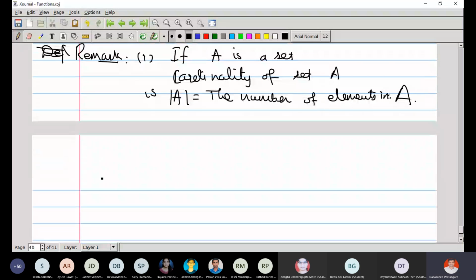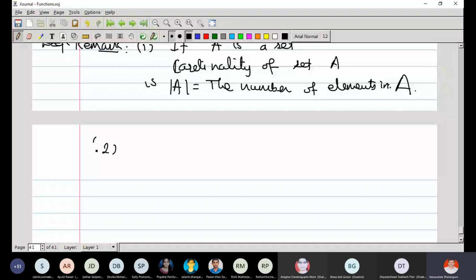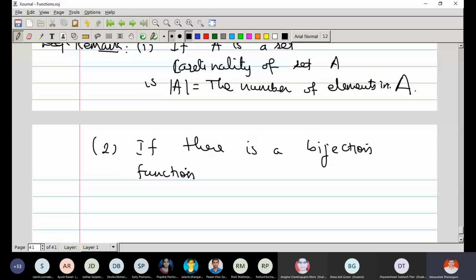Now, there is a bijective function f from A to B if and only if the cardinality of A is equal to the cardinality of B. So two sets have the same number of elements if and only if there is a bijective function from A to B or B to A, same thing.